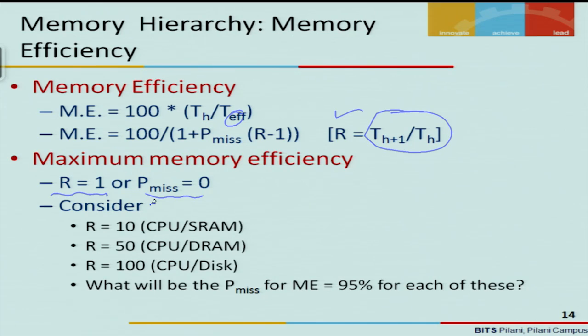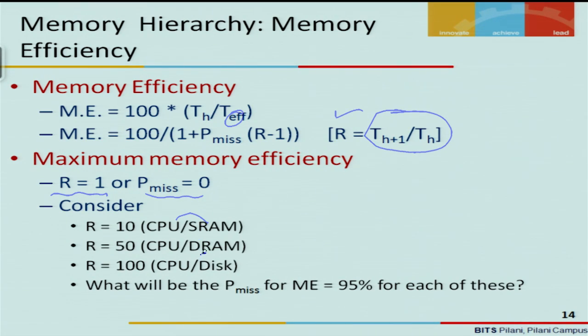So for the different levels of the memory, like CPU and the SRAM: SRAM is basically cache memory, and for the CPU, the data is available in the registers itself. The R is 10 times, meaning the SRAM is 10 times slower than the memory in the CPU, which is the registers.